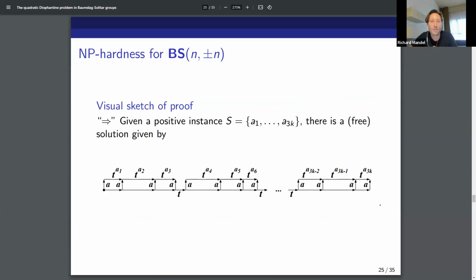So our equation has a solution if and only if the input is a positive instance of the three partition problem.